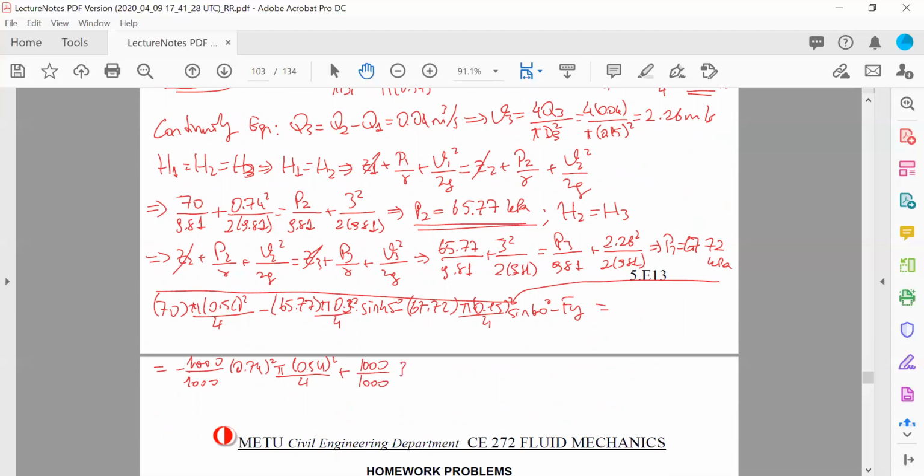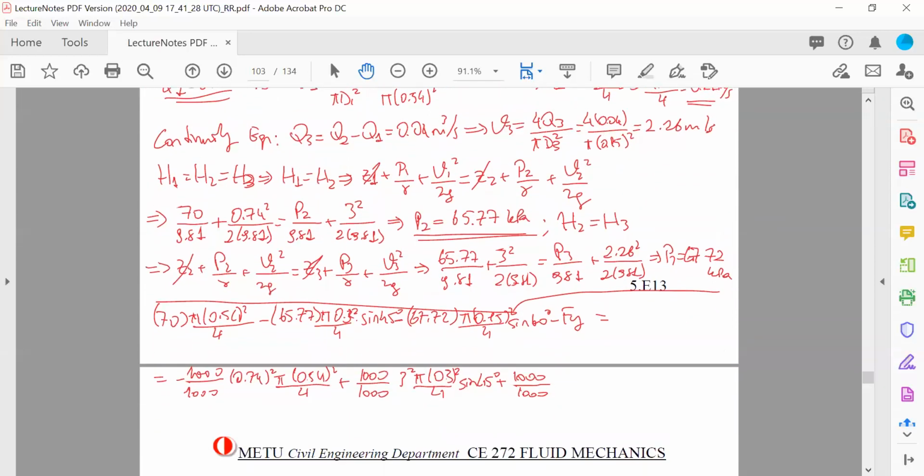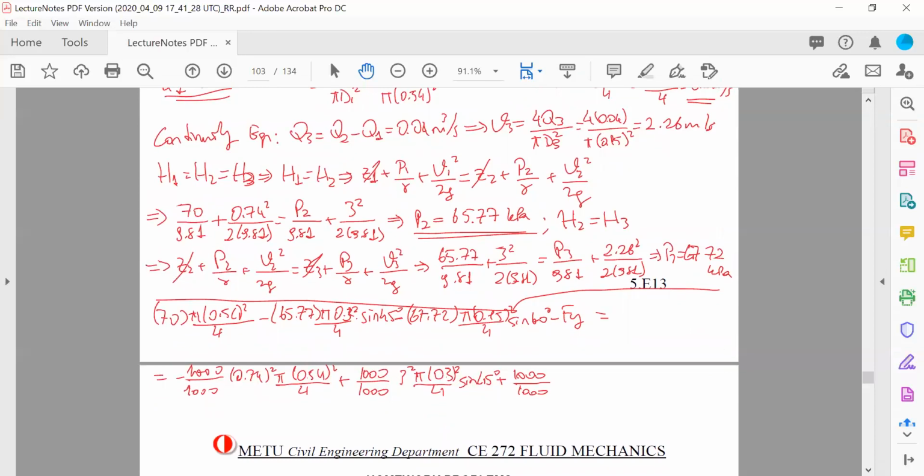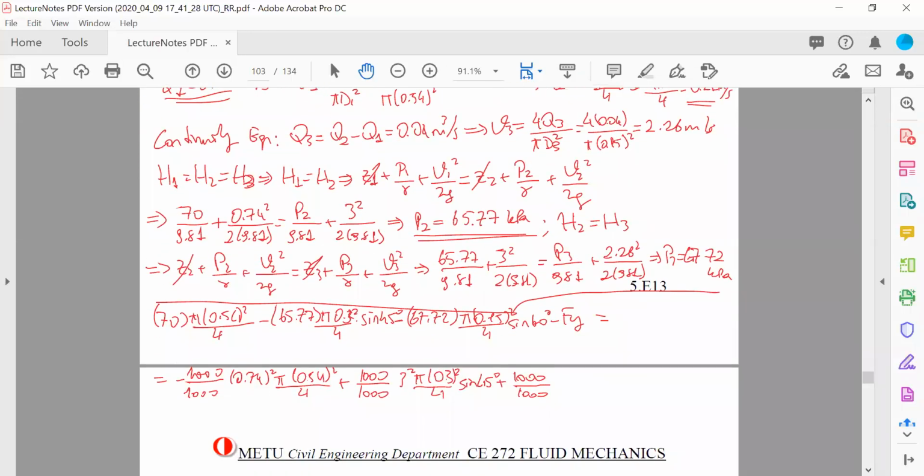V2 is this, A2 is this, plus again rho divided by 1000 for unit conversion, V3 square A3 multiplied by sine 60.